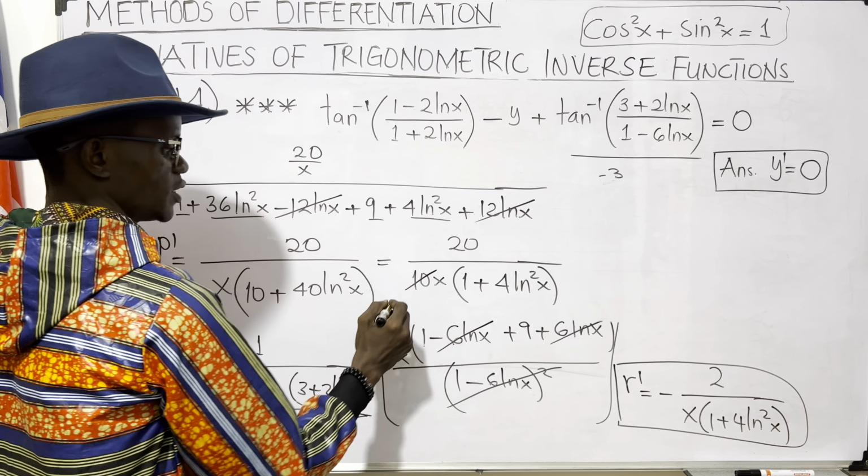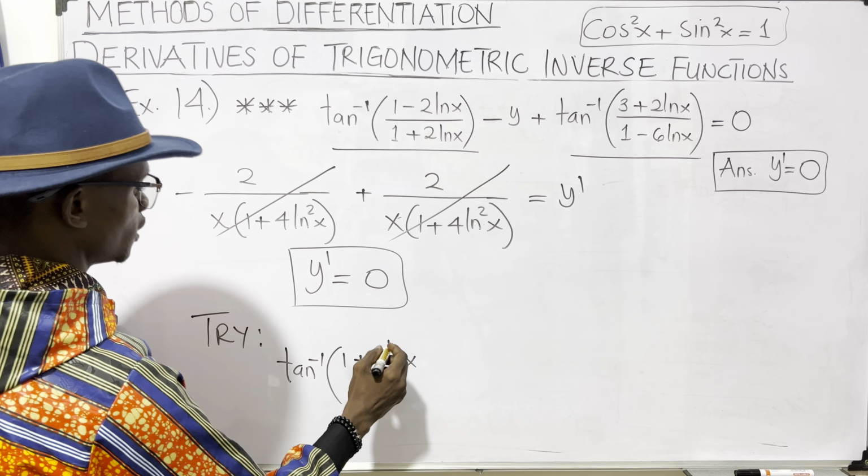So you can now try. Let me see whether I can give you something to try. You can try this problem. Try tangent inverse of, let me just rewrite it, tangent inverse of (1 plus 3 ln of x) over (1 minus 2 ln of x).